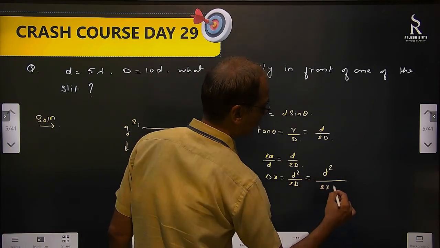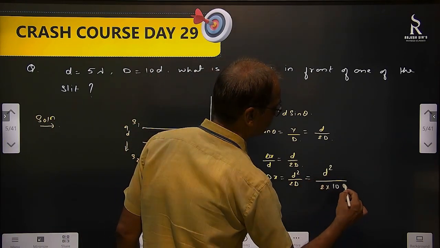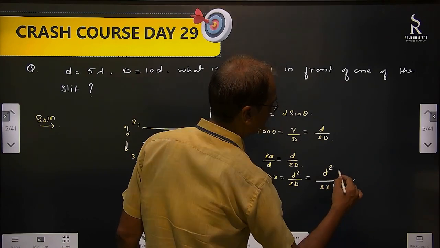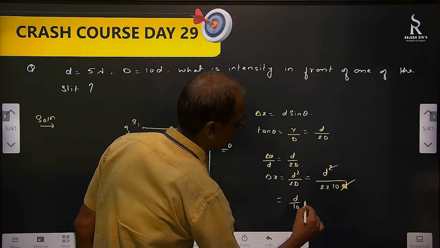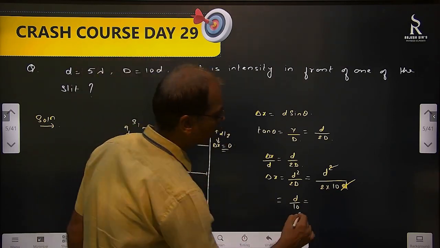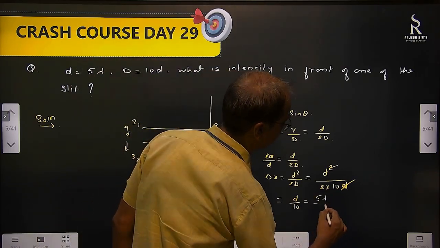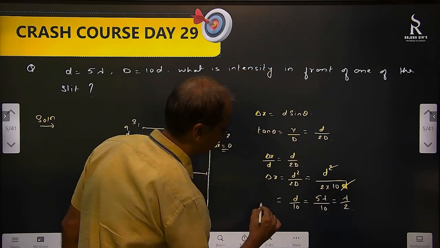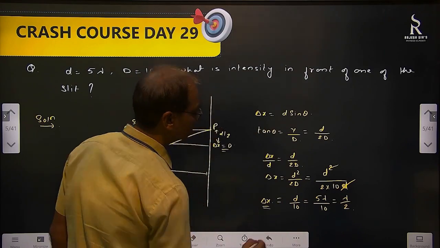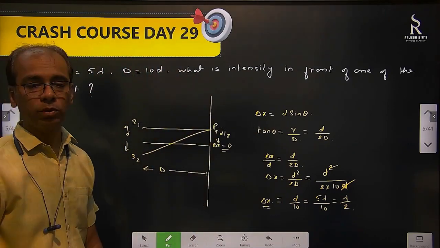Capital D is 10 small d, so one d and one d cancel. So d by 10. What is d? d is 5 lambda. 5 lambda by 10 means lambda by 2. So delta x is lambda by 2.